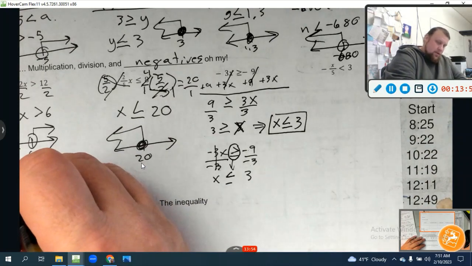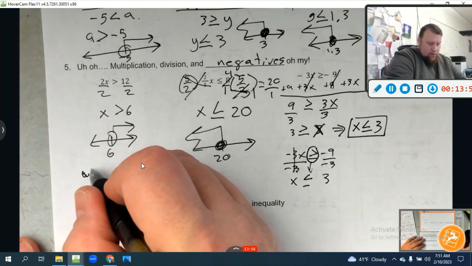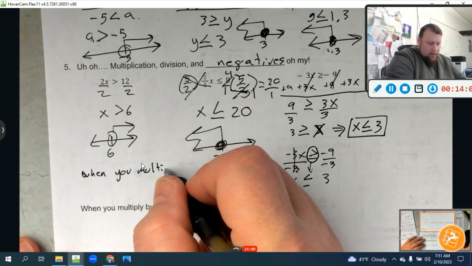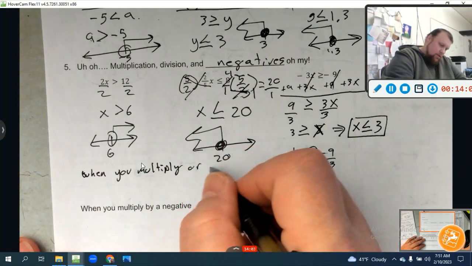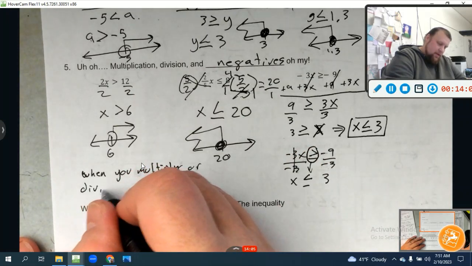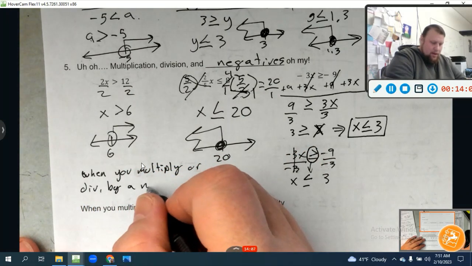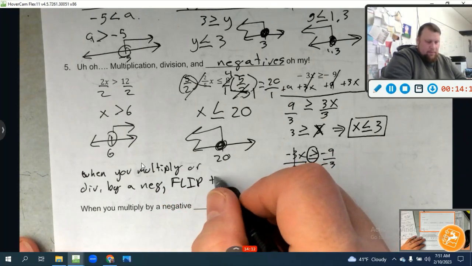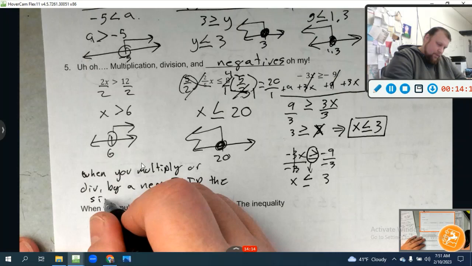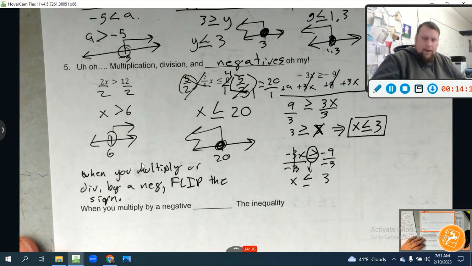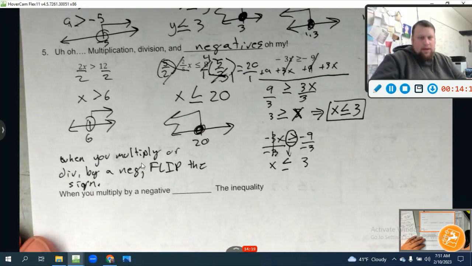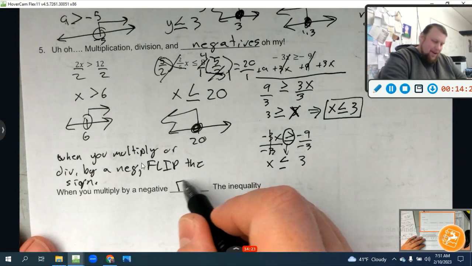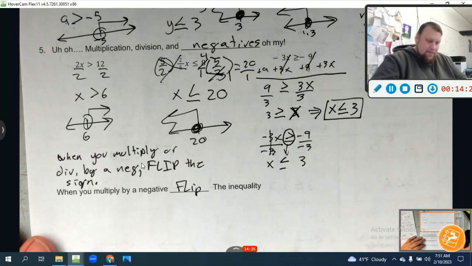So when you multiply or divide by a negative, flip the sign. Okay? That's the one big difference. So when you multiply or divide by a negative, oh, hi, I had it written right here. Flip the sign. Okay? So let's do this last one.